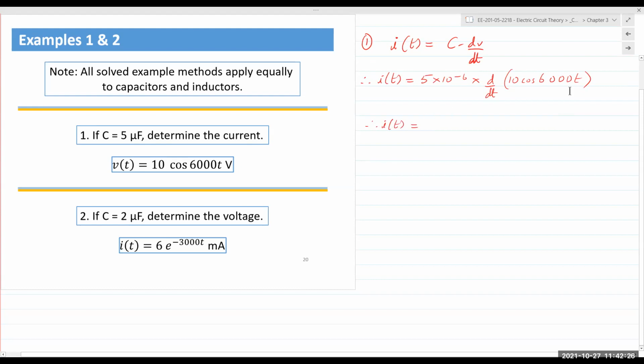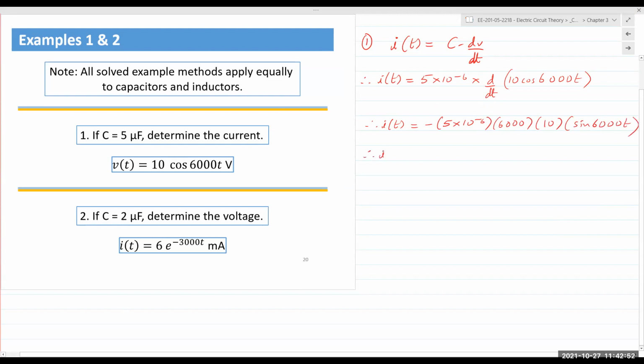Let's see what we have. The derivative of cos x is minus sine x. So we take the minus sign out front. Then we have 6,000, and then we have 10, and finally sine of 6,000 t.